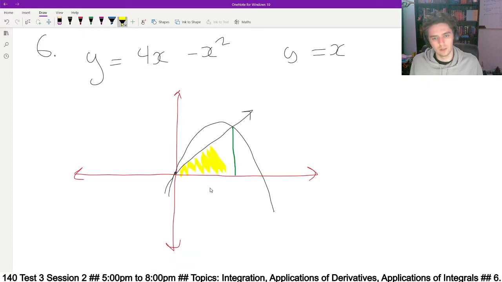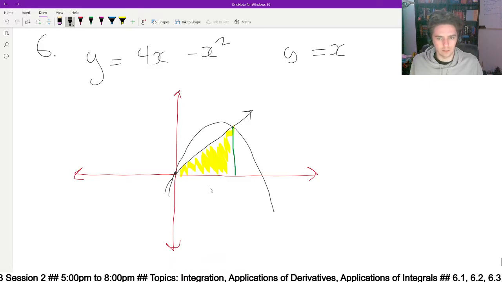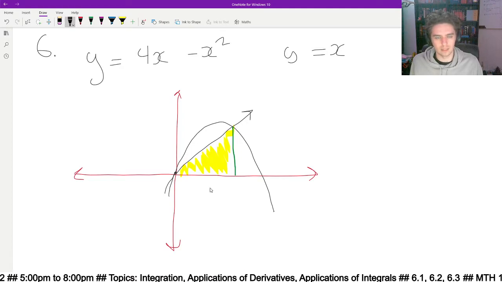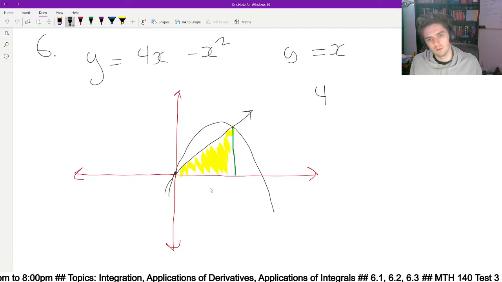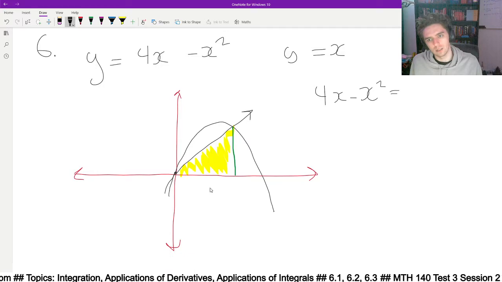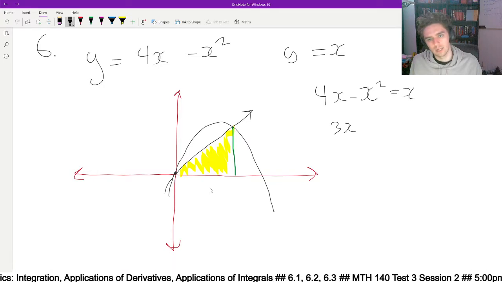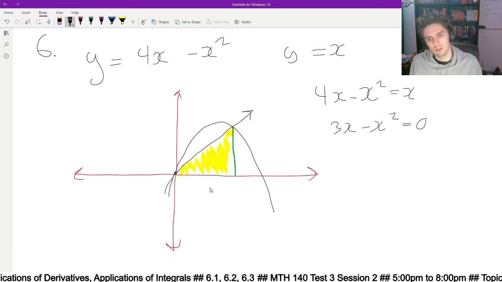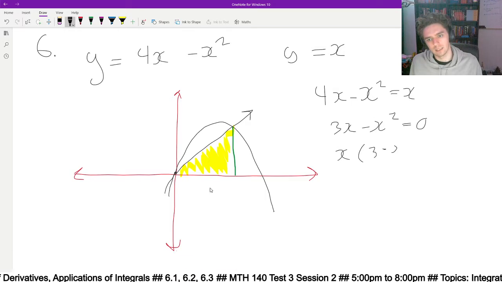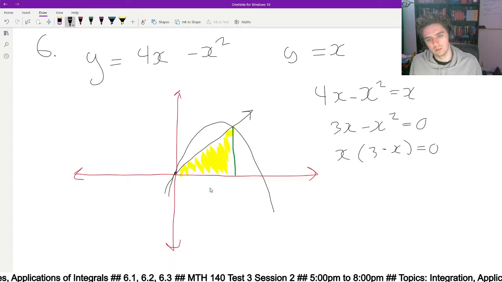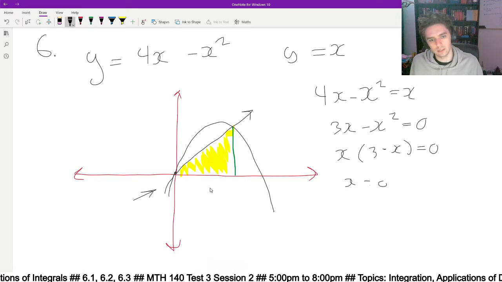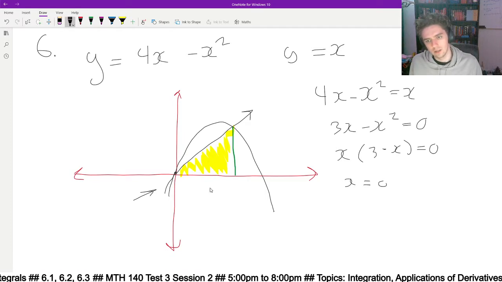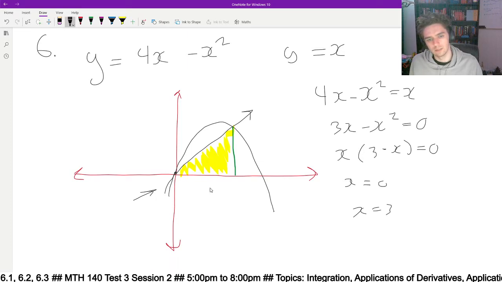And so to find this integral, we got to first of all find the point that it intersects at, right? So 4x minus x squared equals x. 3x minus x squared equals 0. x times 3 minus x equals 0. So x equals 0, they intersect, and also x equals 3, they intersect.